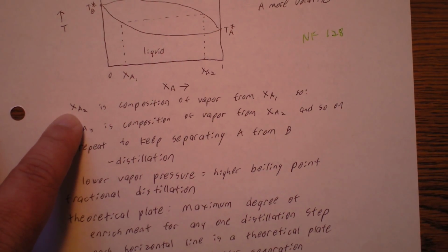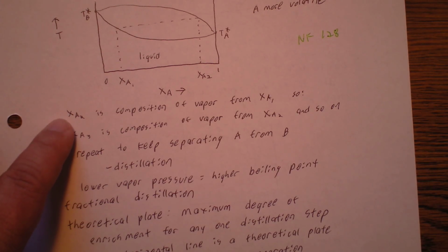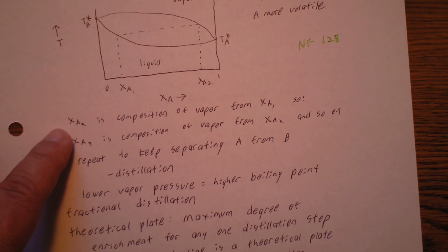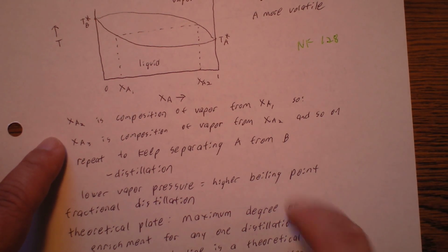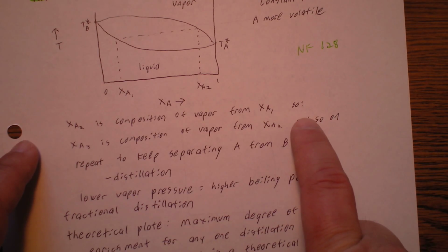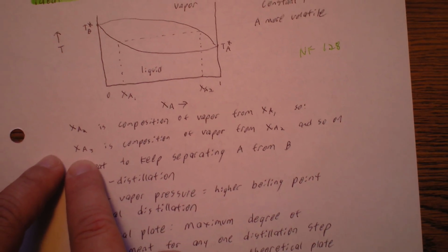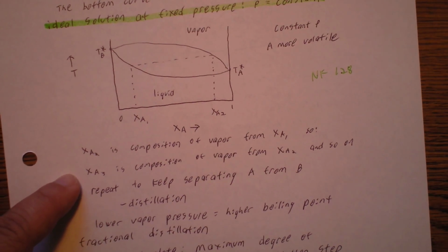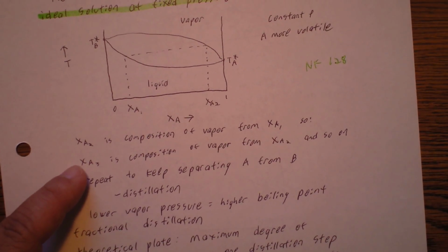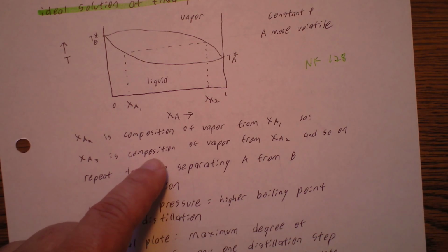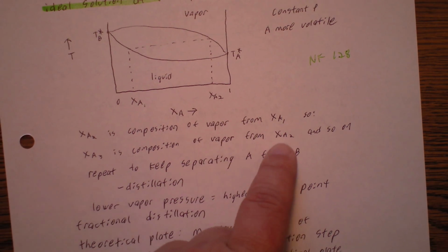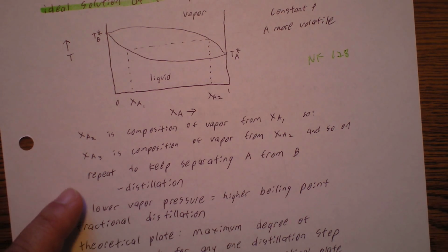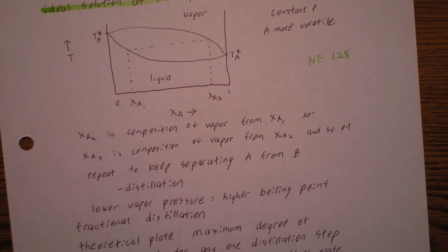So the mole fraction of A2 is the composition of the vapor from the mole fraction of A1. So here's A1, A2, just so you know. So the mole fraction of A at 3 is the composition of the vapor from mole fraction of A2, and so on. Okay, that wasn't written very well.